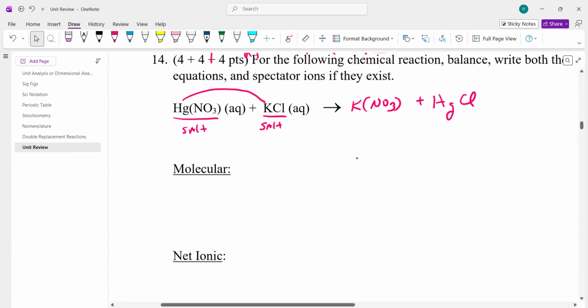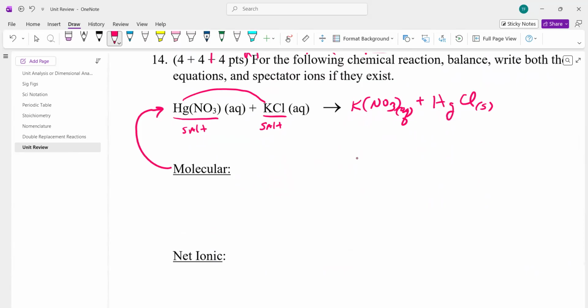Okay, so is it balanced? Yes. So that means this is aq and this is s. All right, so the molecular equation is this, or you can rewrite it.